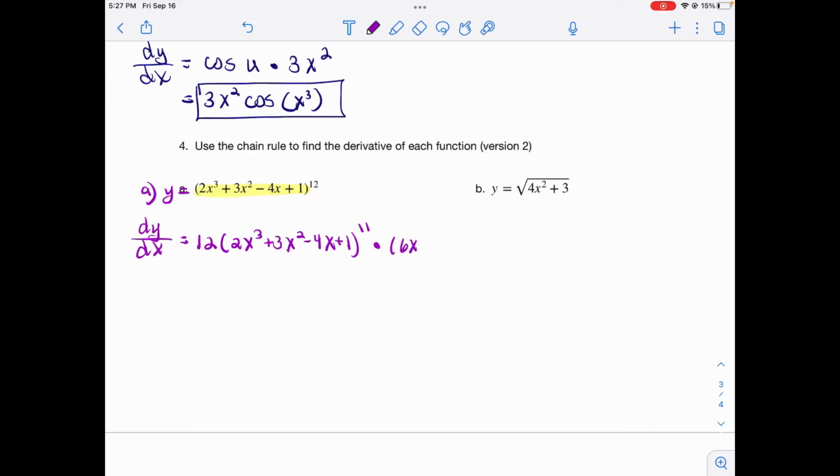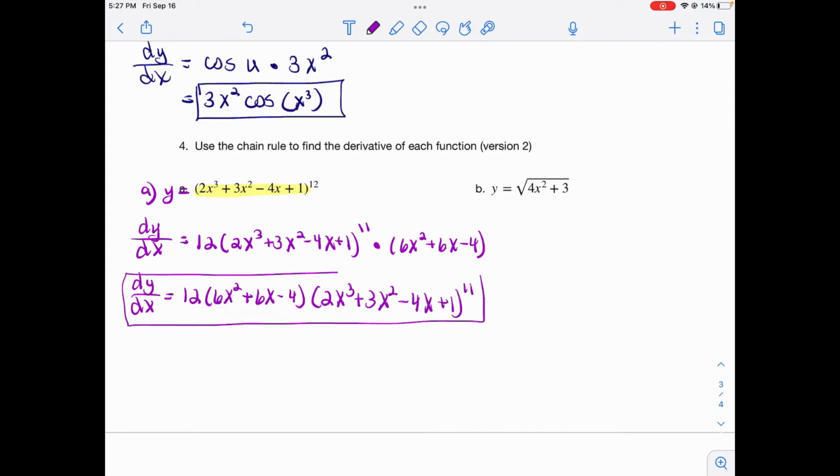So the derivative of that polynomial inside is going to be 6x squared plus 6x minus 4. And then we're just going to write the terms close together. Now I'm not going to distribute the 12 to each of those terms in the parentheses. You can if you want to, but it is not required. And so I'm just cleaning it up a little bit. And this would be the answer to A using the version 2 technique.